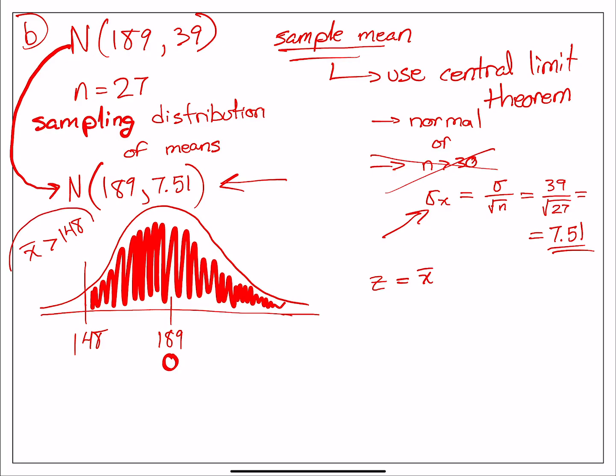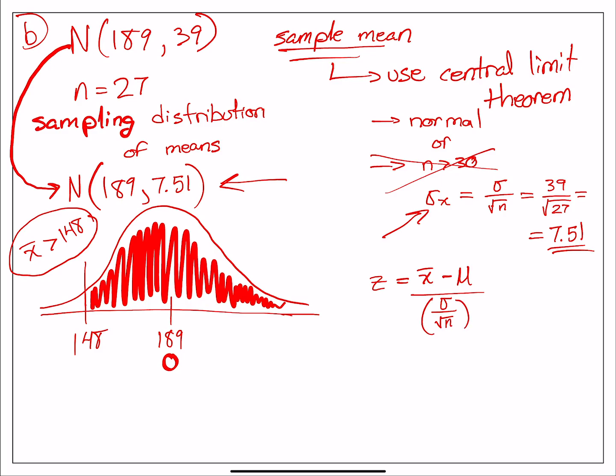Because again, we're saying what's the probability that this group of 27 people has a mean greater than a certain value. So that's z equals x bar, right? Minus what? The population mean, mu, divided by this new value over here. Sigma over the square root of n.